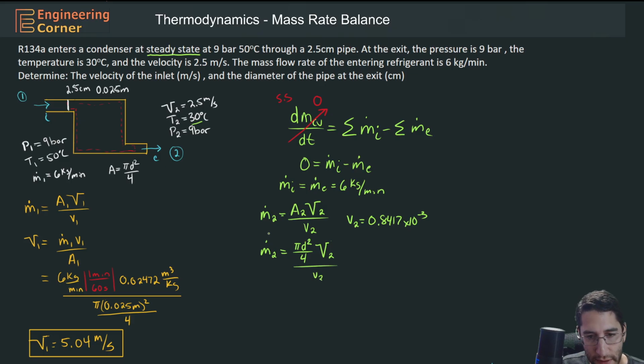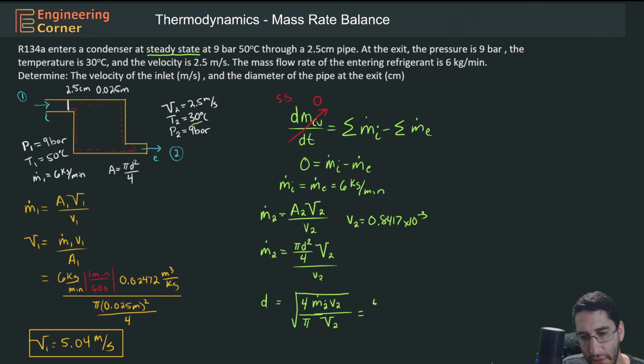We can solve for D squared, so we'll get D will be equal to m dot 2 v2 divided by velocity 2, then 4 comes up here, and pi goes down below, and we have a square root.